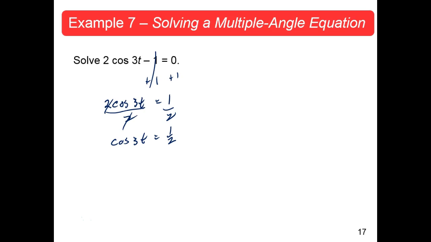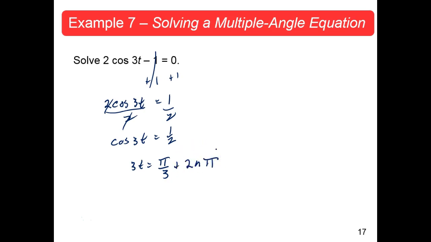Pi-thirds. So 3t is equal to pi-thirds. But they didn't give us an interval here, so you have to include all the possibilities, which would be plus, what's the period for cosine? 2 pi, so you do 2n pi.